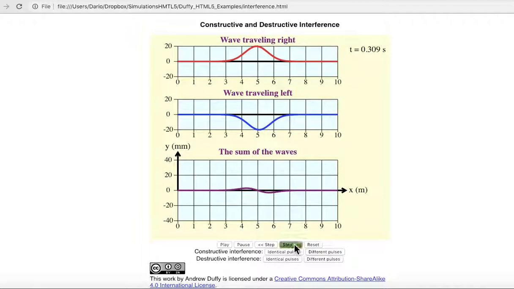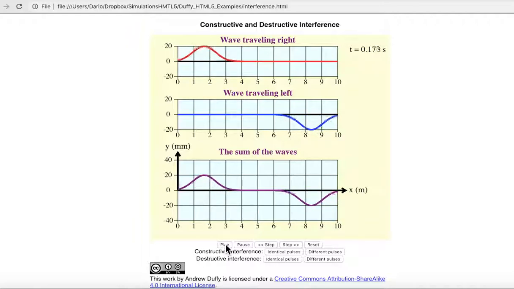At the moment when they are exactly at x equals 5, right about there, we see that the two pulses are actually canceling each other out, and the displacement of the string at this moment is basically 0. We say that the two pulses are destructively interfering with each other. As we continue to play this, we see that the two pulses bounce back and they continue to move exactly the same way they were moving before.